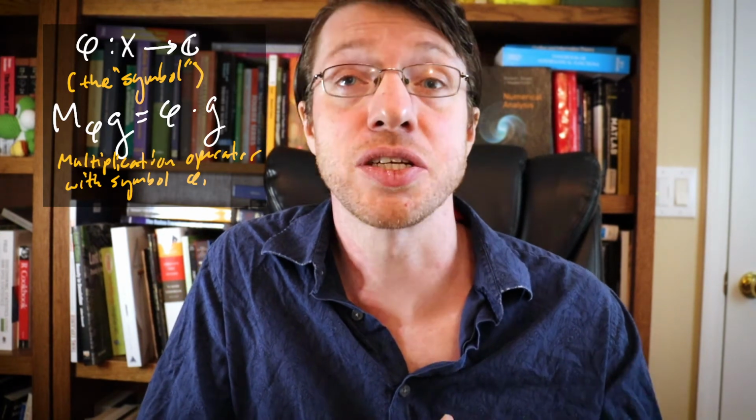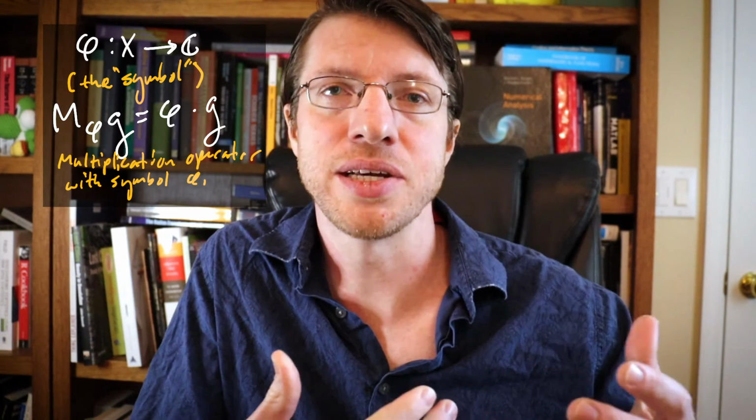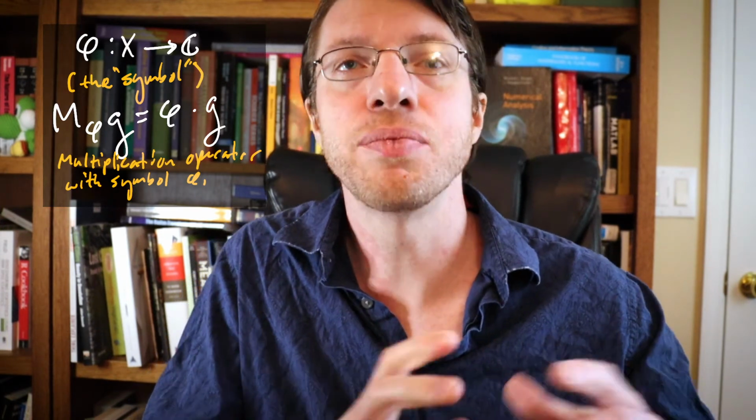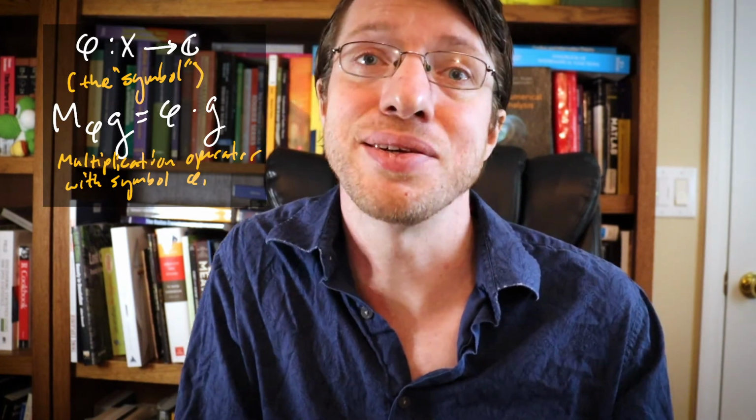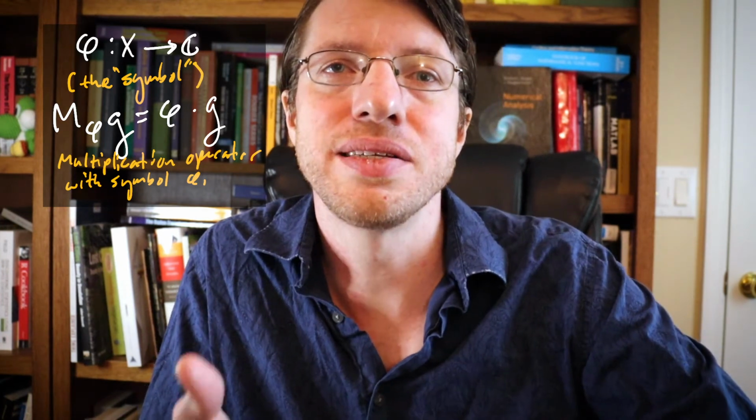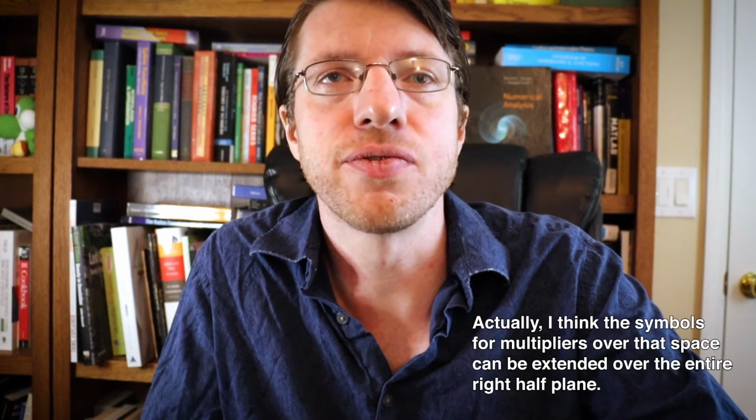And so for the Hardy space, these multiplication operators are going to have a symbol, or a function, whose domain is the disk. Then for the Hardy space of Dirichlet series, these functions need to be over the half plane that corresponds to all the real parts bigger than 1/2. And for the polylogarithmic Hardy space, we need the function to be a function on the disk crossed with the complex plane.